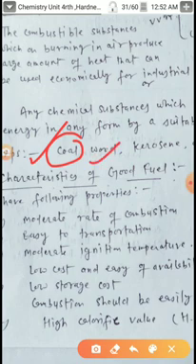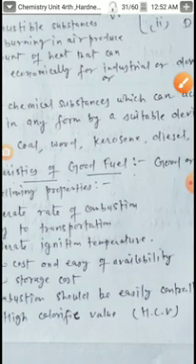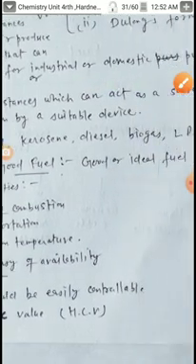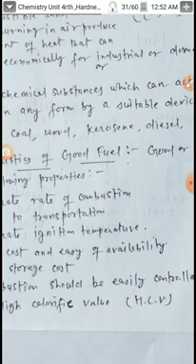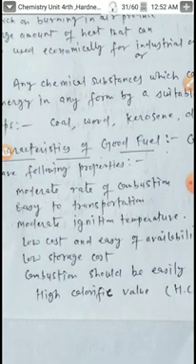And then wood is also an example of a type of fuel. So kerosene oil, diesel, biogas, LPG, CNG, there are lots of examples by which you can understand the category of a fuel.